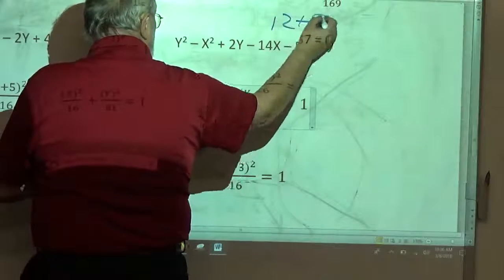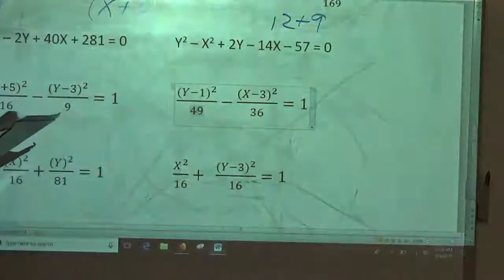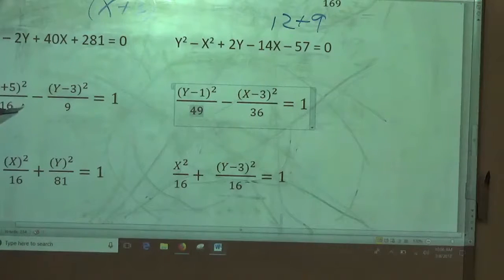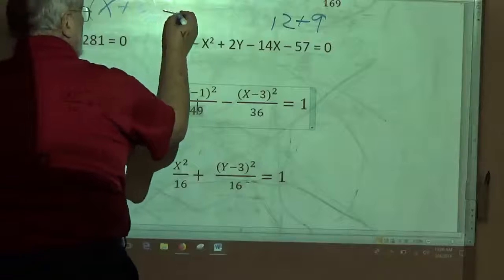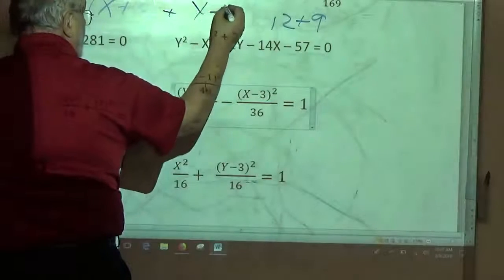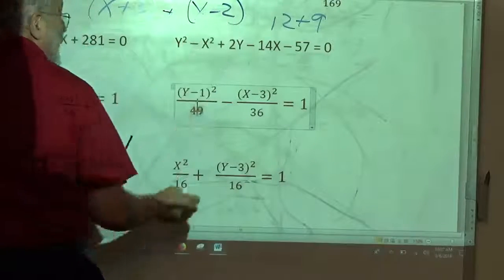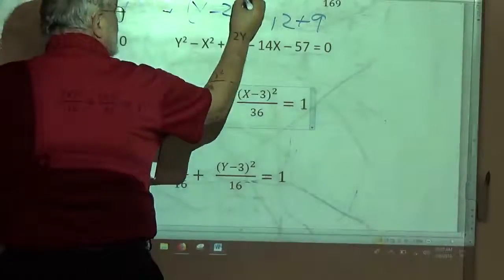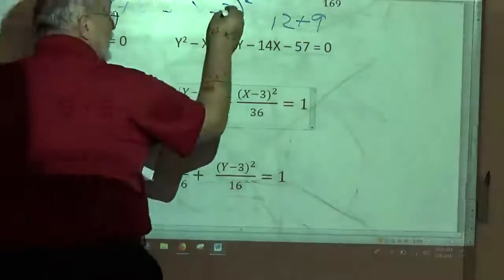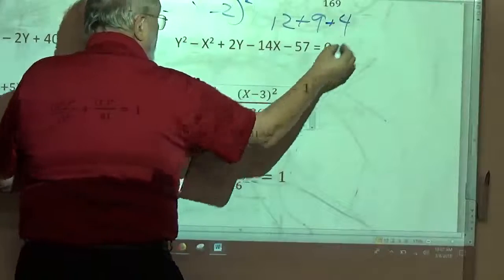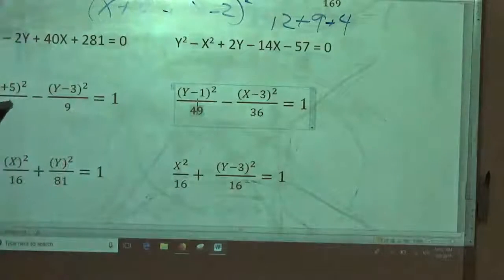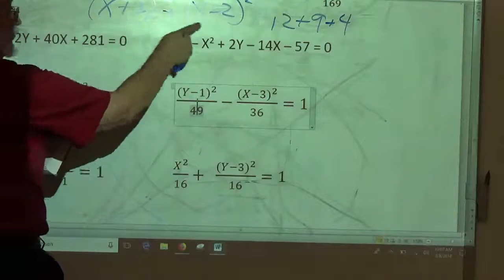I have an extra 9, right? And then what about the y? Half of that is y minus 2 squared. What's my extra number? 4. And when you add them together, you get 25. But the center is at negative 3, 2.